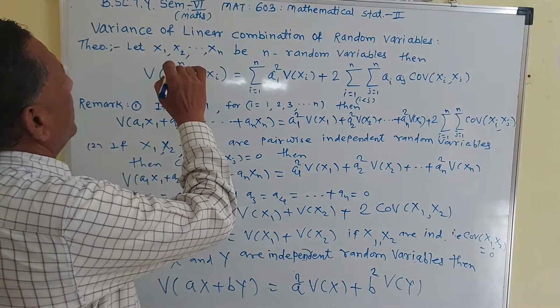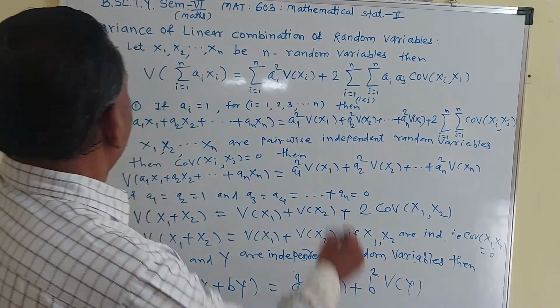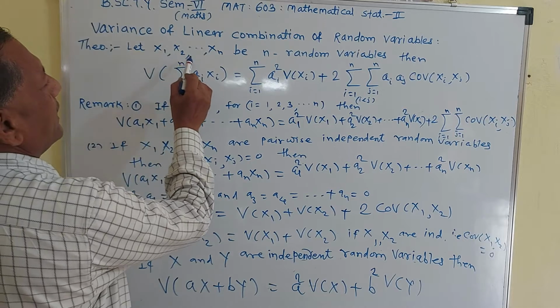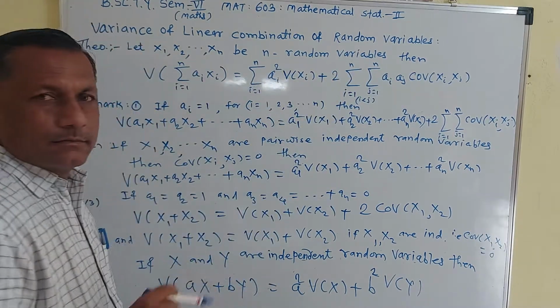Now, what is the variance of a linear combination of random variables? So let X1, X2, X3, ..., Xn be n random variables.